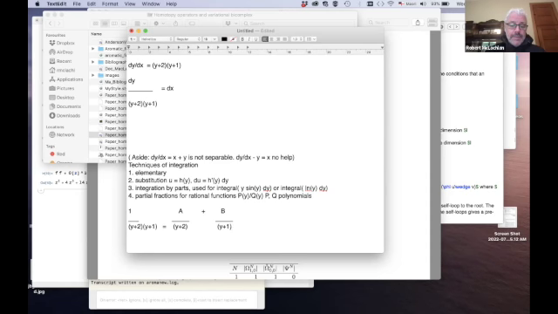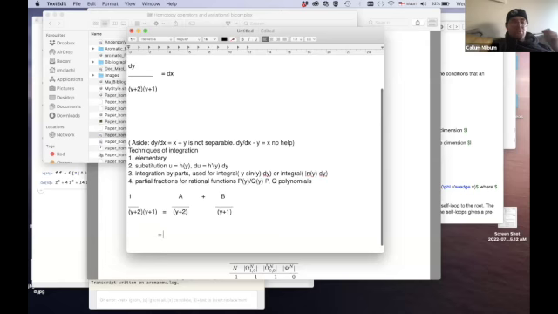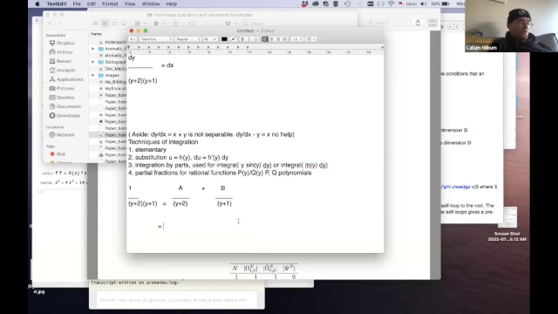So it must be a sum of two fractions: one constant over y plus 2 and another constant over y plus 1. And what's the next step?